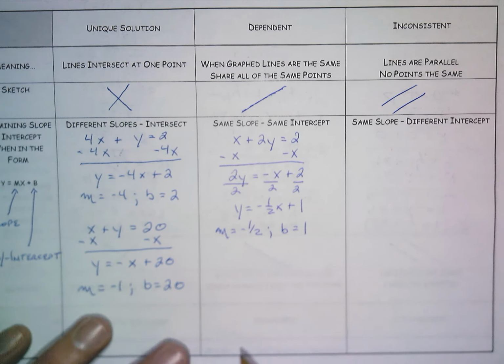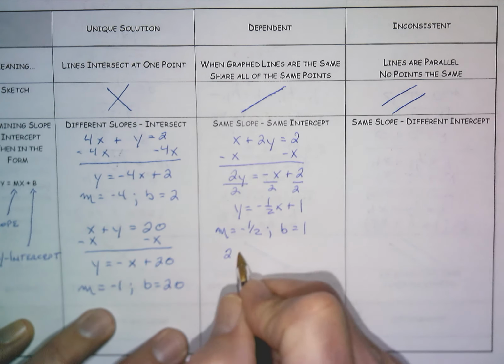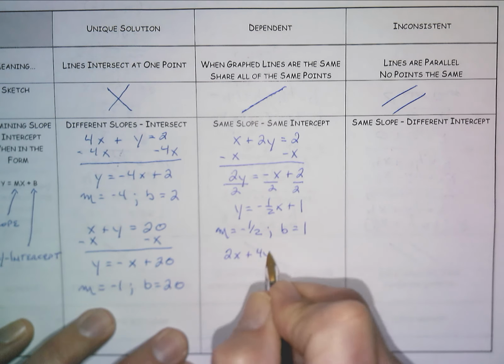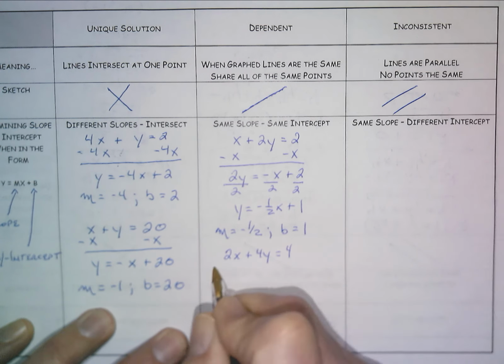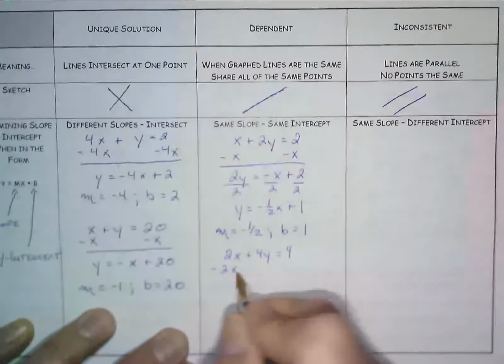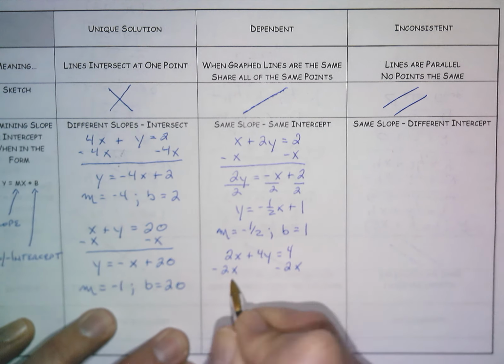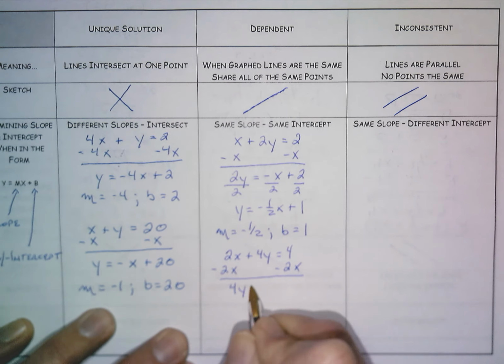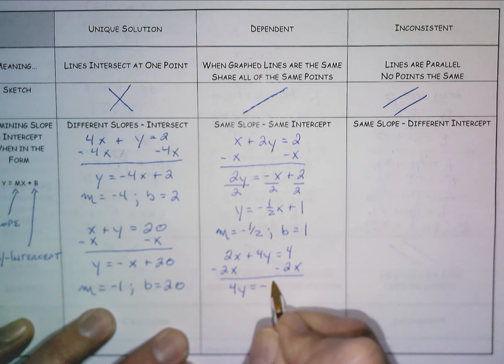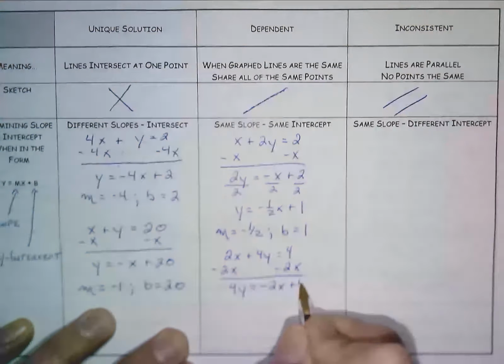Now the second equation I'm given, 2x plus 4y equals 4. I subtract 2x from both sides. I get 4y equals negative 2x plus 4.